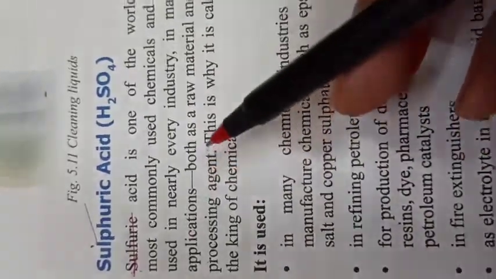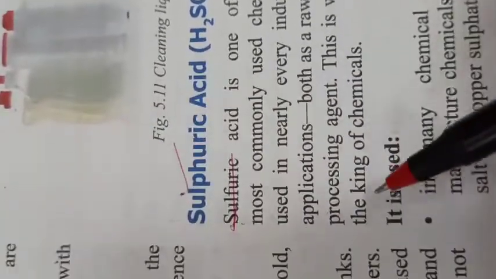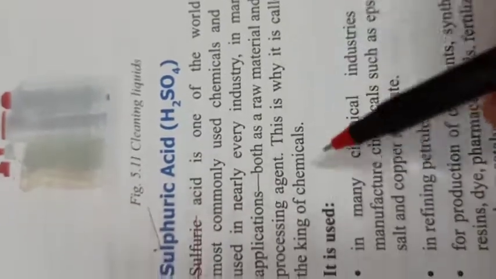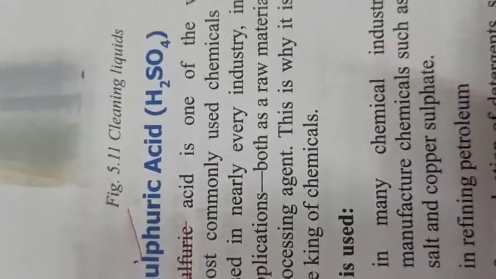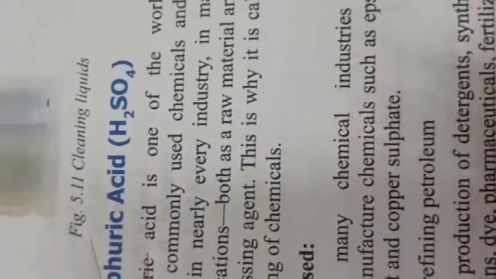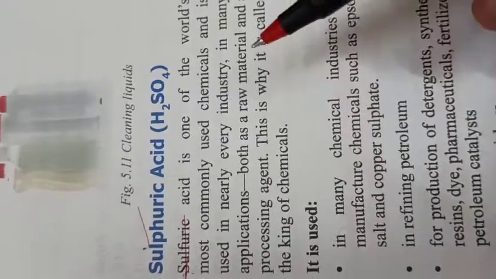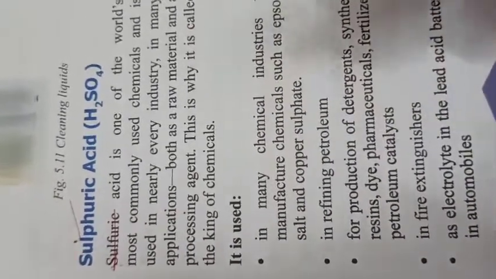In many applications, both as a raw material and processing agent. This is why it is called the king of chemicals. Means more than any other kind of acid, sulfuric acid is widely used in so many kinds of products or works.